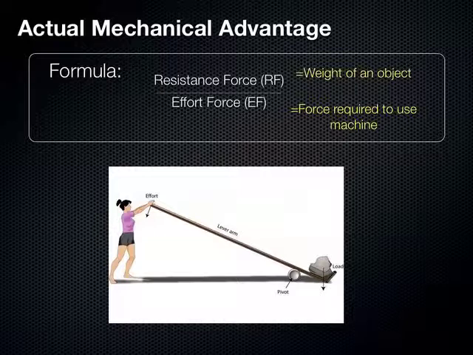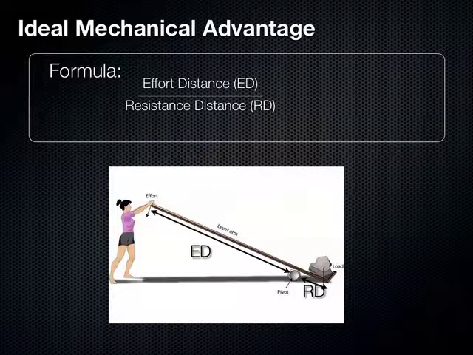I have the two numbers. In this case, resistance force is the rock, effort force is this girl pushing on it. Ideal mechanical advantage is the theoretical mechanical advantage, and it uses distances. It's the effort distance divided by the resistance distance, ED over RD.